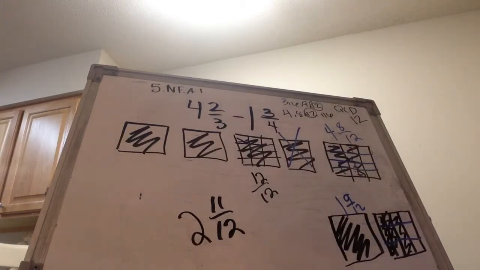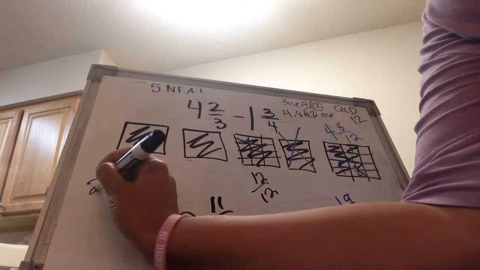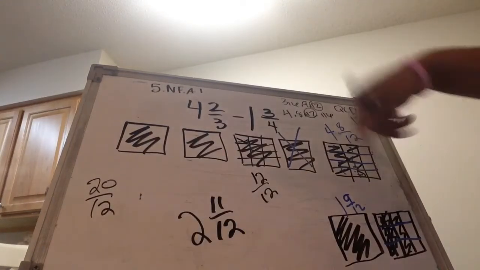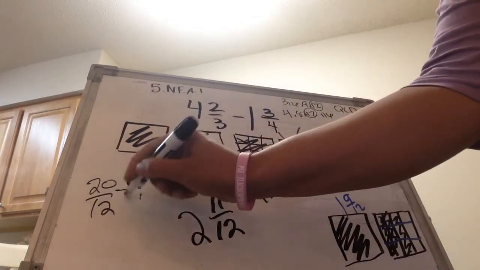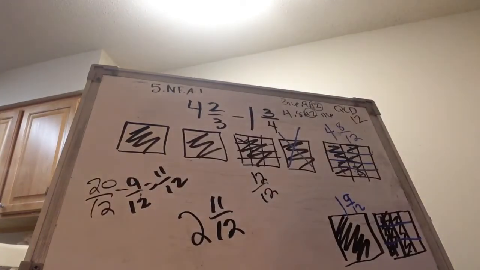So 12 12ths and the 8/12 gave me a total of 20/12. And I'm subtracting 9/12, I would get 11/12 that way as well. So this is a pictorial model of subtracting mixed numbers with regrouping.